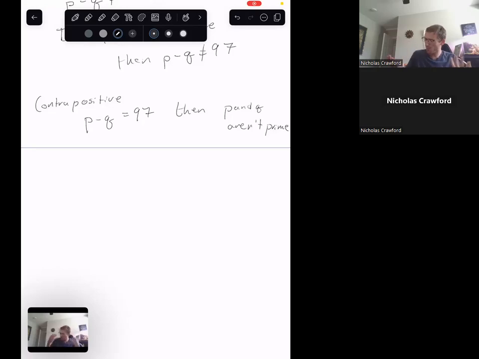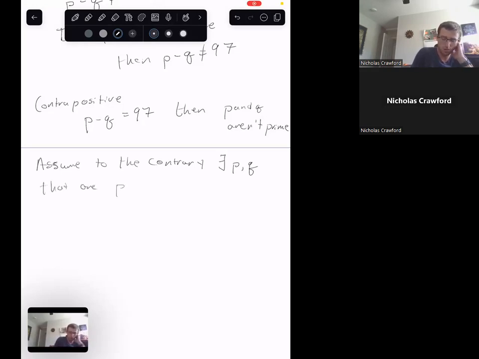Generally with prime numbers, the best thing to do is contradiction. That's just kind of a general rule. So we'll assume to the contrary that there exists a P and Q that are prime where P minus Q equals 97.